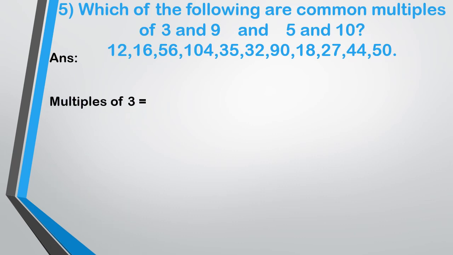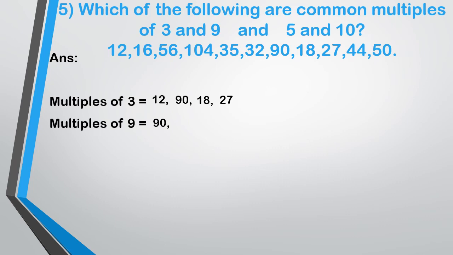So first multiples of 3. 12 comes in 3 table, so 12 is a multiple of 3. 16 no, 56 no, 104 no, 35 no, 32 no, 90 yes, 90 comes in 3 table. 3 30s are 90. Then 18 yes, 27 yes, 44 no, 50 no. Okay, so these numbers are multiples of 3. Then multiples of 9. 12, 16, 56, 104, 35, 32 don't come in 9 table.